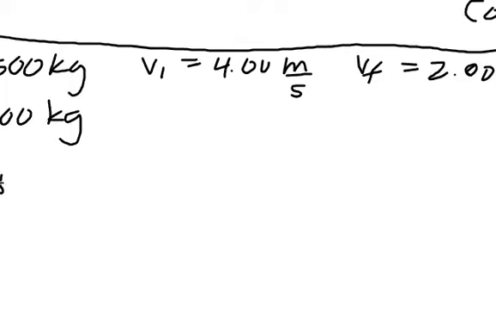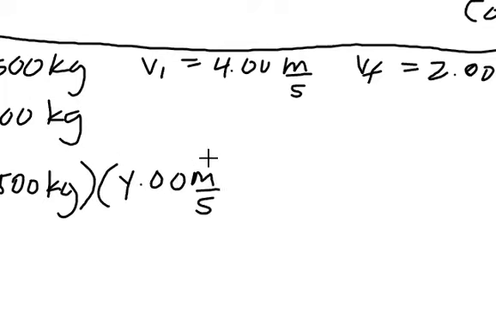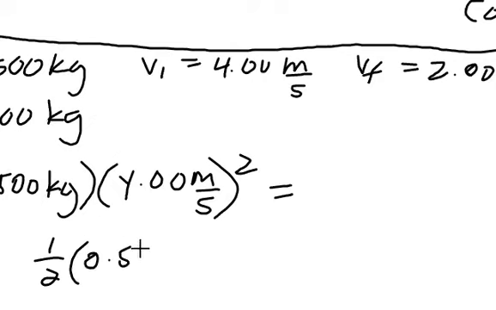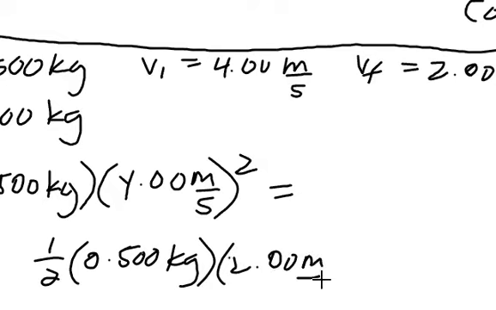So this is 1/2 times 0.500 kg times (4.00 m/s) squared, equals 1/2 times 0.500 kg times (2.00 m/s) squared, plus 1/2 times 0.300 kg times V final squared.